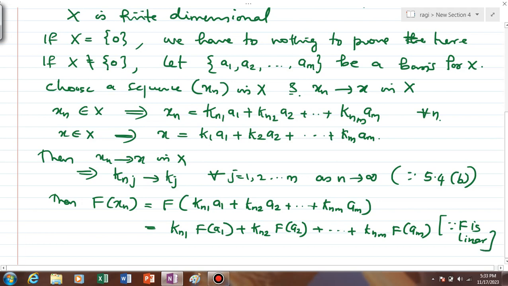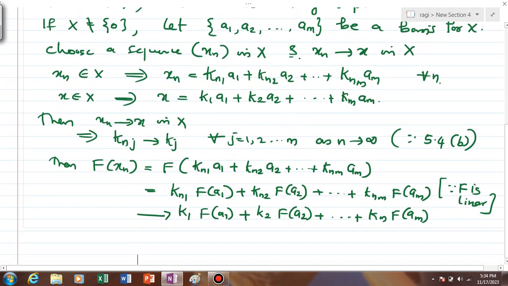And this converges to, since kn1 converges to k1, k1 F(a1) + k2 F(a2) + ... + km F(am).